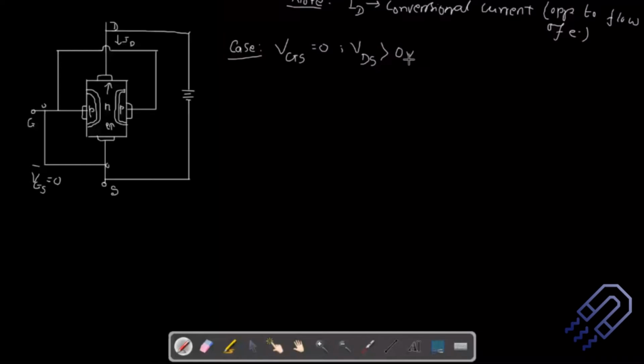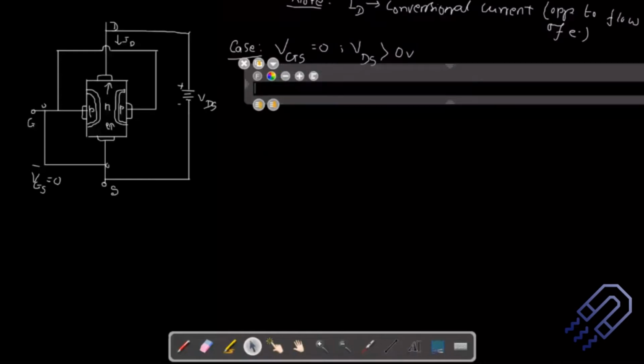So the drain source voltage is kept at a voltage greater than 0, and the gate source voltage is kept at 0 volt. That means on this side you are actually applying some potential. Then we are going to look into what happens in this particular condition.